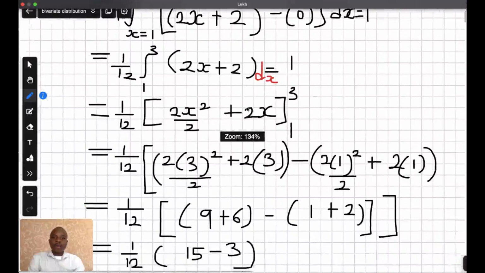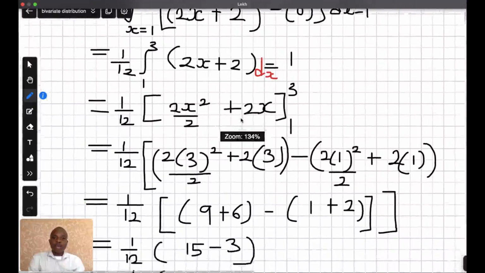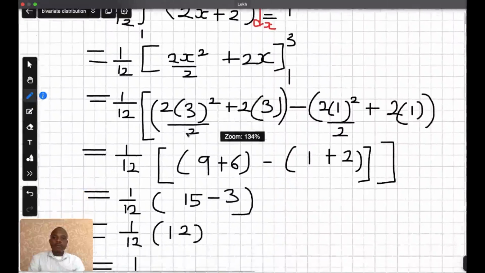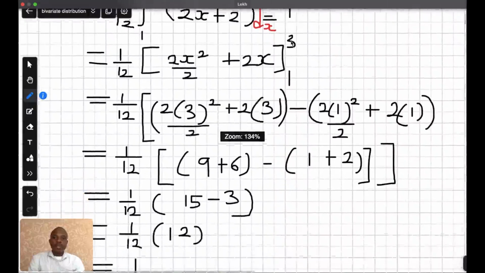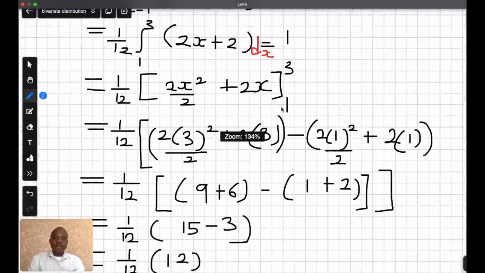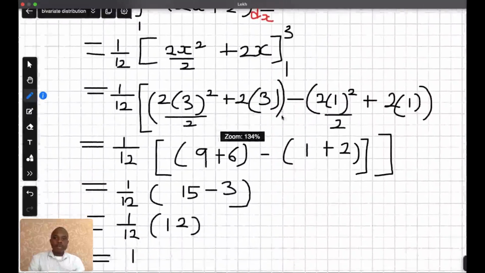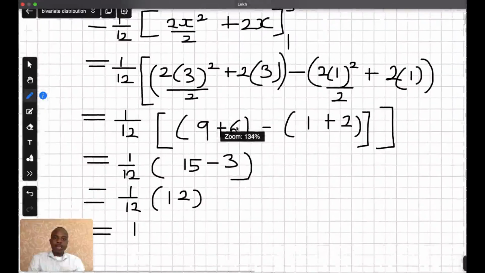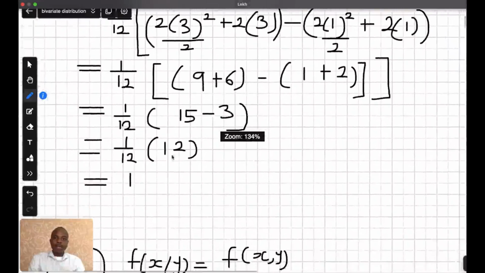When we do that, we are going to have 2x squared over 2 plus 2x, and then we fix the limits that we had, 1 and 3. By fixing the limits and doing all the maths there, you get 9 plus 6 minus 1 plus 2, that becomes 15 minus 3, then you get 12, and then you divide and you get 1.